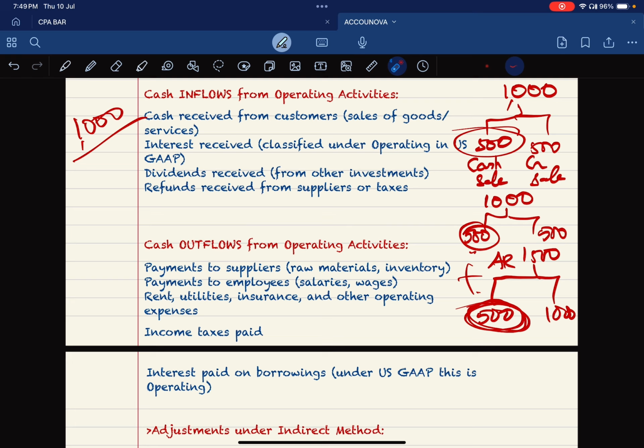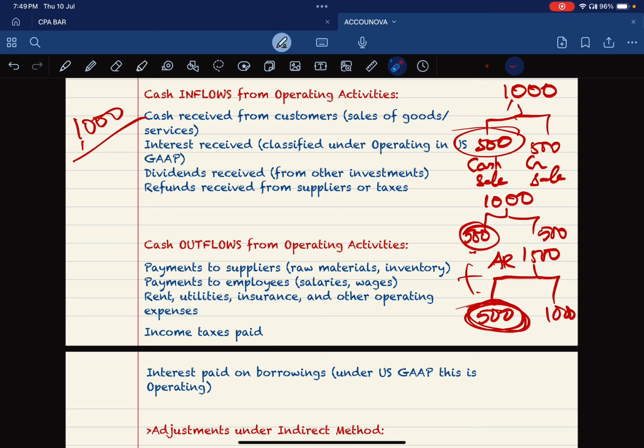Maybe in other accounting principles this may be classified as a financing activity, but dividend received is an operating activity as per US GAAP. As usual, refunds received from suppliers or taxes are also classified under operating activities.